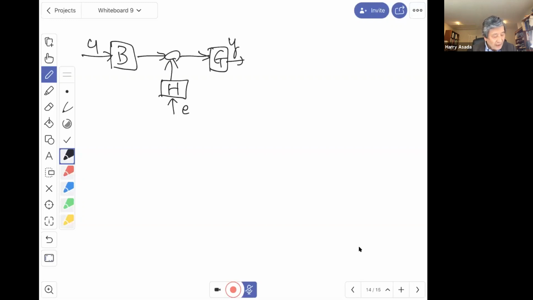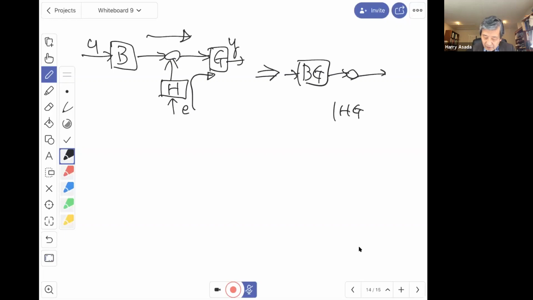So now, the problem is that this structure is a little bit different from the one we discussed. So let's actually change this, so the path is the B and the G. So let's put together B times G. And here, this one goes through G2. So, H times G is the process that you had to go through, right?